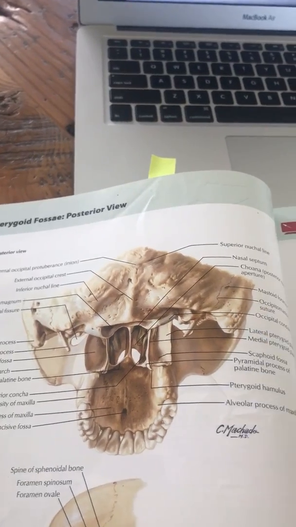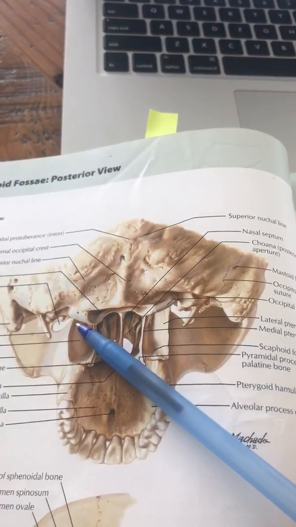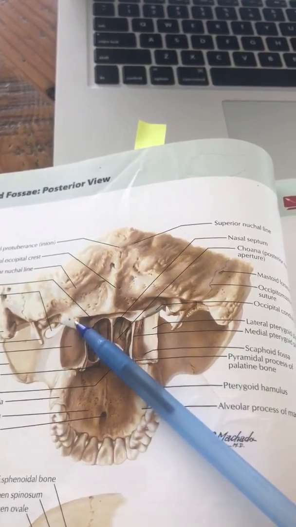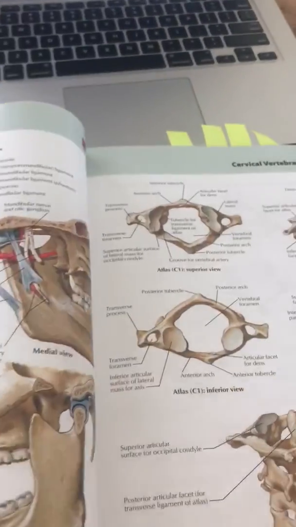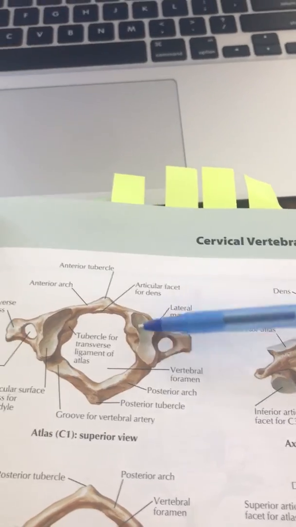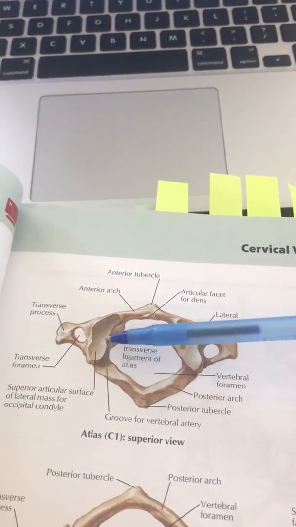So the occiput, here's the occipital condyle on each side with the little blue cartilage. That is what is articulating with C1 here. And that makes up the atlanto-occipital joint.